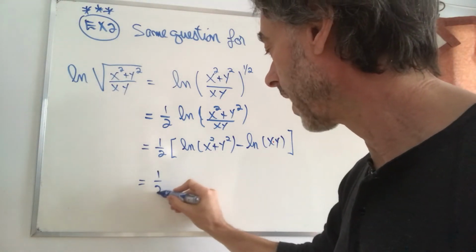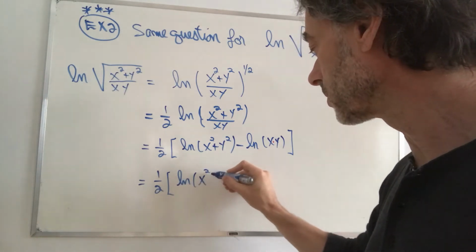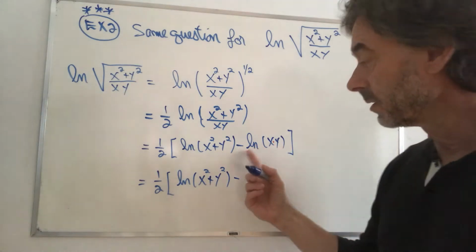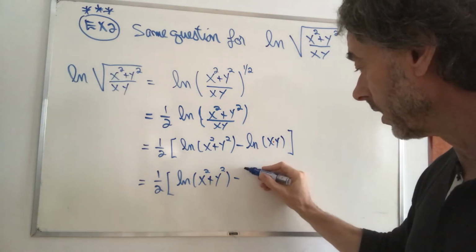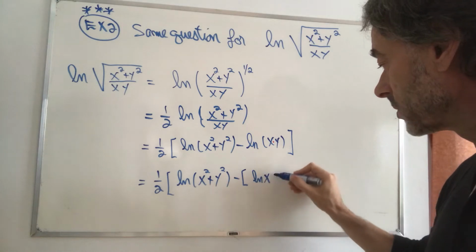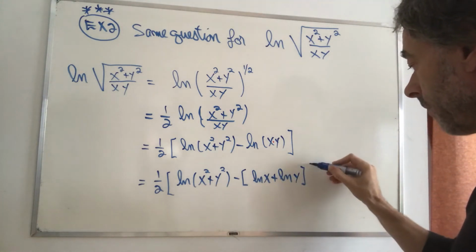So this is 1/2 ln of x squared plus y squared minus, this is the product, so let me open another bracket here, ln of x plus ln of y.